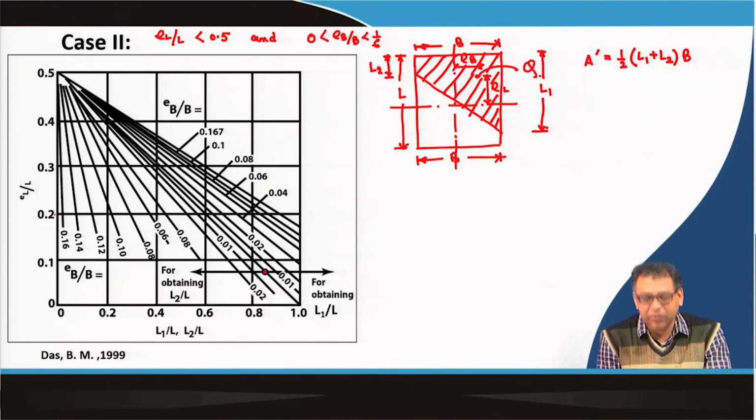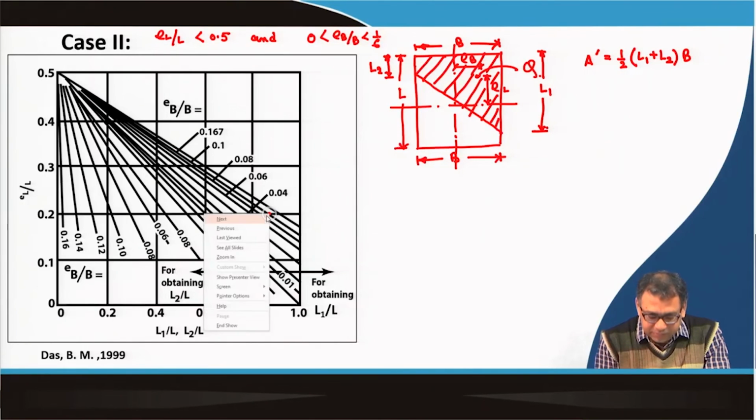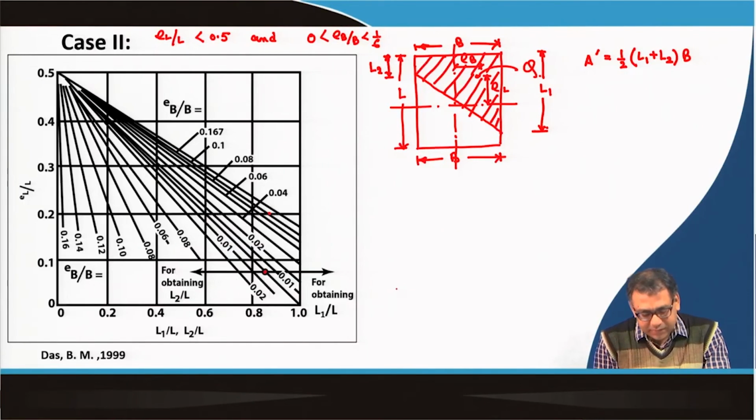For example, I have EL by L as 0.2 and EB by B as 0.1, and I want to calculate L1 and L2. So, this is 0.2 EL by L and EB by B is 0.1. So, 0.1 is this graph, and this is the value, and that corresponds to this graph.